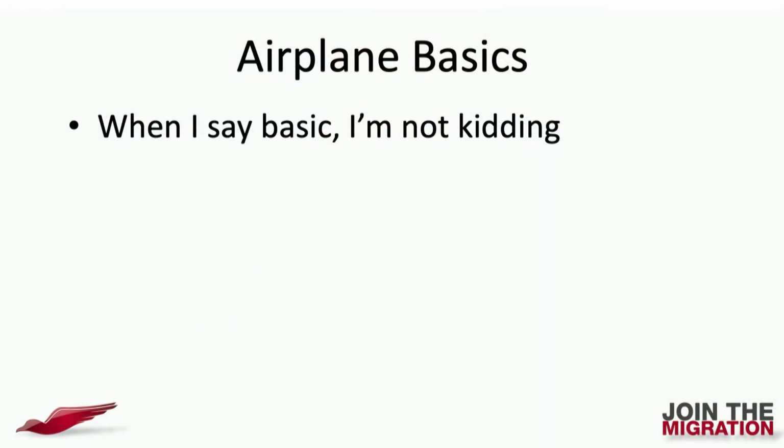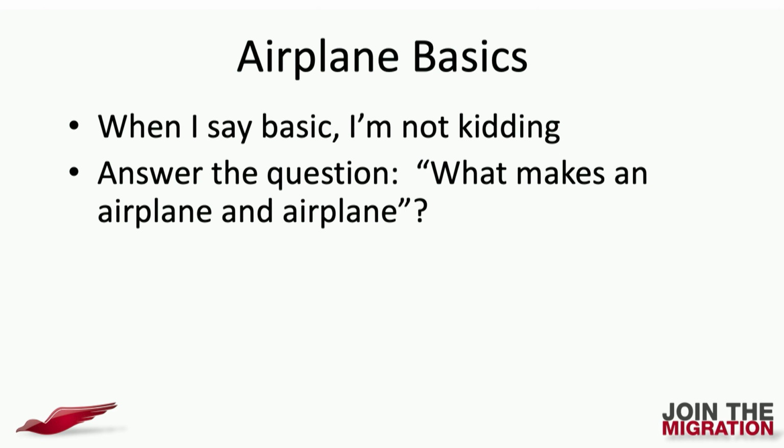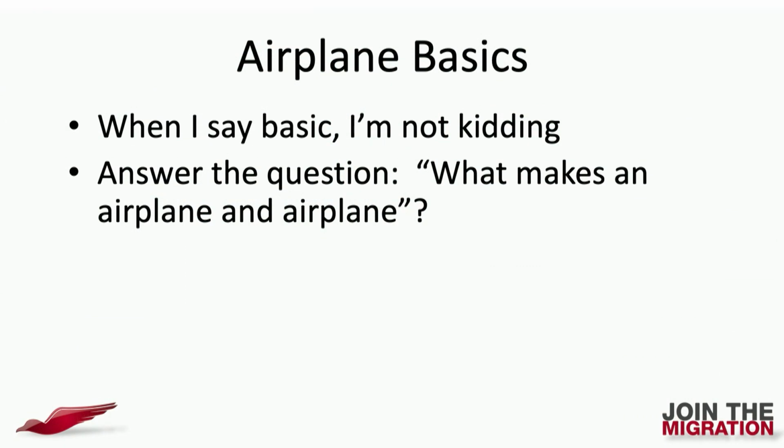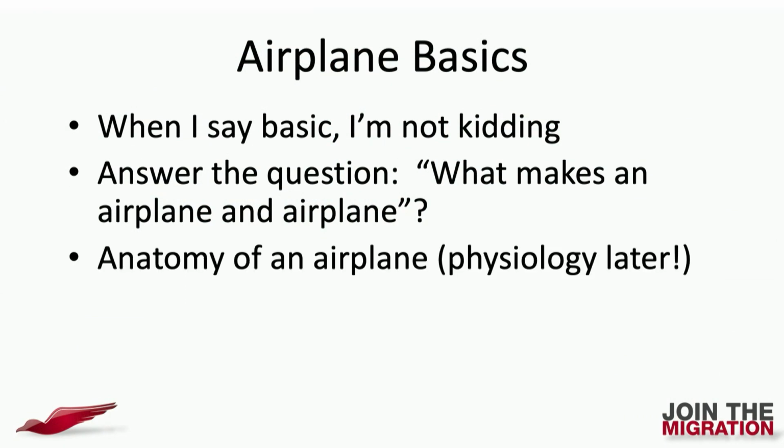Now, when I say basic, of course I do mean basic. We're going to answer the question, what makes an airplane an airplane? It's that thing that we look at, and what pops into my head that automatically tells me that this is an airplane? We're also going to talk about the anatomy of the airplane, and we'll get into the physiology of that aircraft a little bit later.